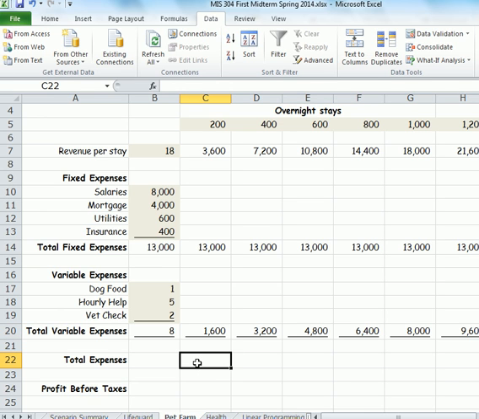Total expenses is equal to your fixed expense plus total variable expense. And I have to ask myself, is there anything fixed in here? The C14 plus C20 will become D14 plus D20 will become E14 plus E20. Nothing fixed there.